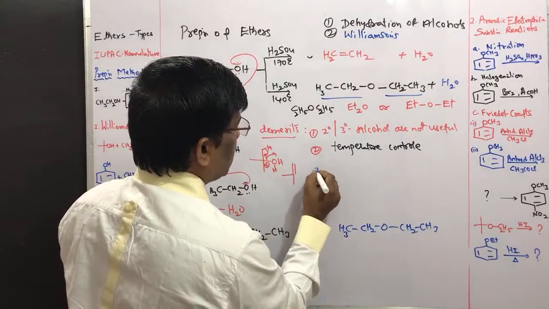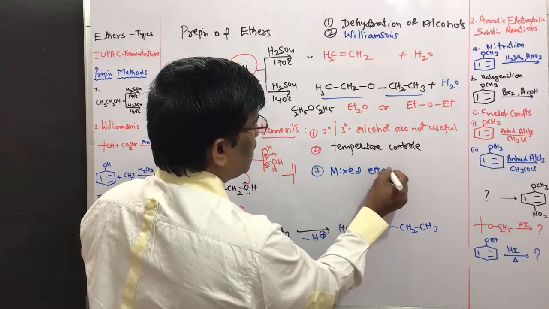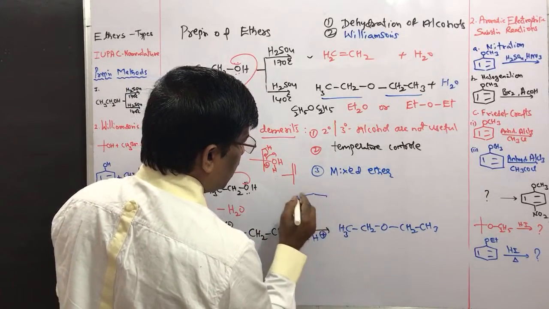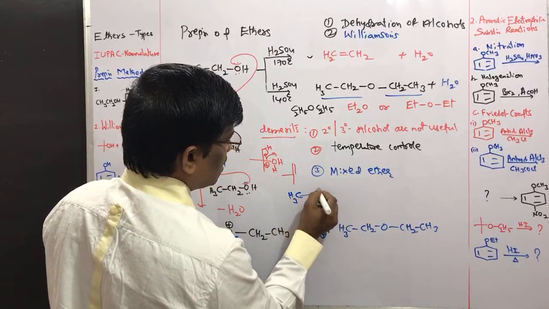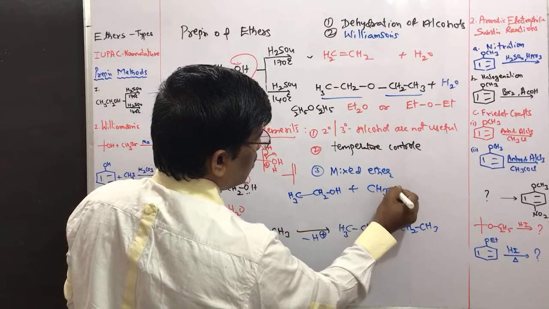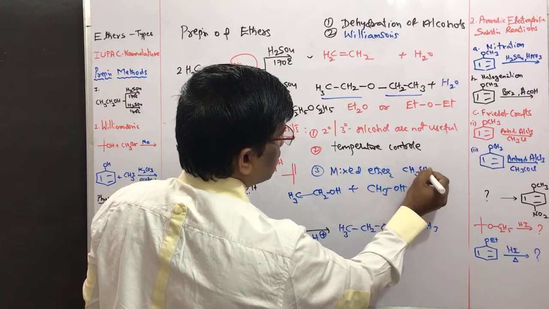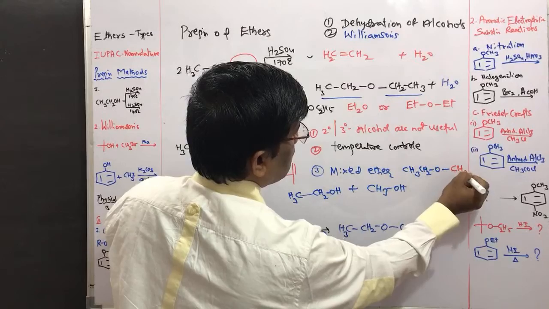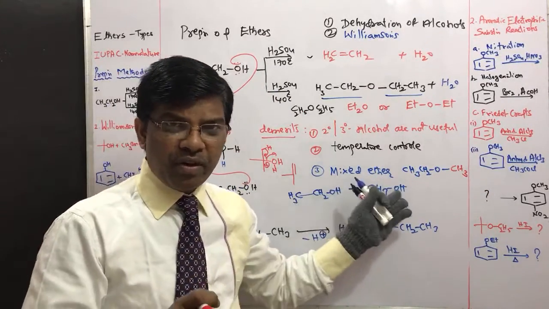And the third drawback is mixed ethers. For example, if I want to prepare CH3CH2OH plus CH3OH, that means methoxyethane, I have to take a mixture of these two alcohols.